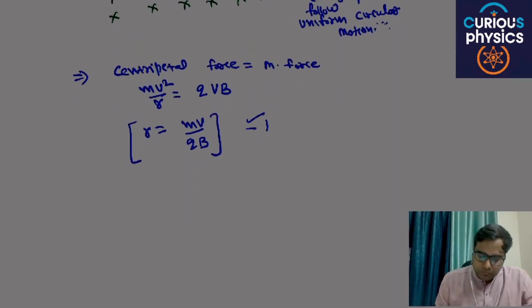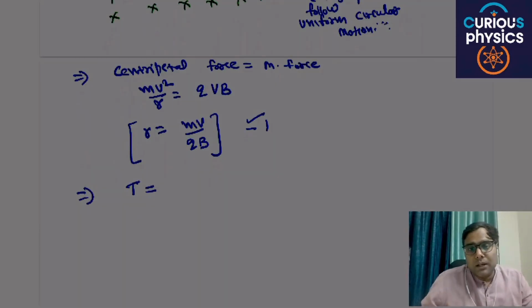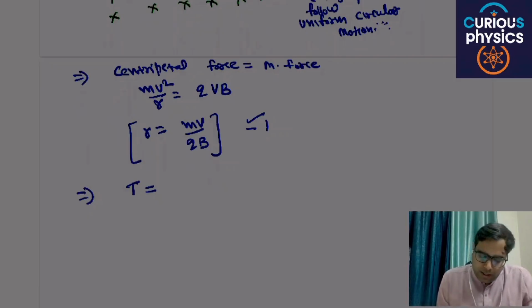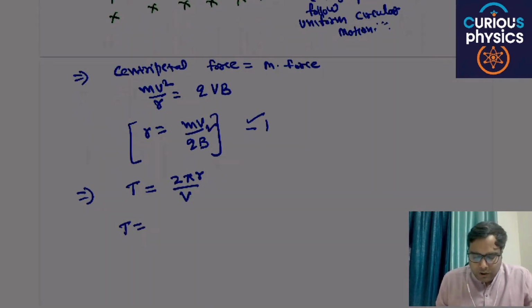Next, what will be the time period? Time period is basically the time to complete one cycle. The total distance is 2 pi r, and the speed is v. So time period equals 2 pi r by v.